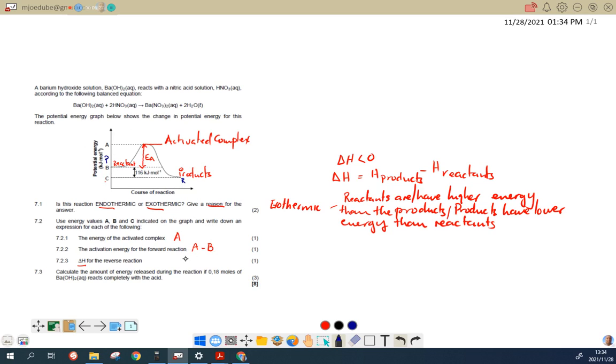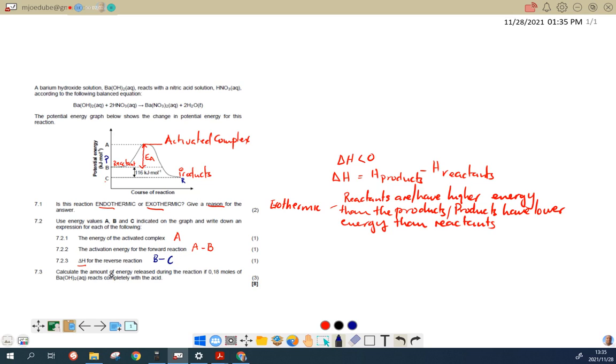So it's going to be equal to B minus the value of C. And that is the formula that you would use to calculate the enthalpy of reaction for the reverse reaction, right? So you could actually even say it's equal to plus 116. But you don't know what you would be subtracting, so you use B minus C, and that's good enough.